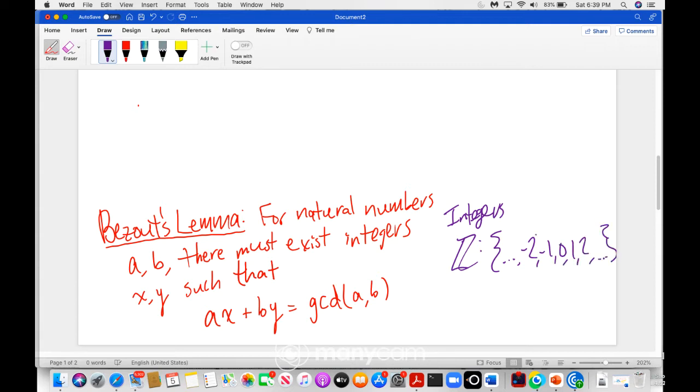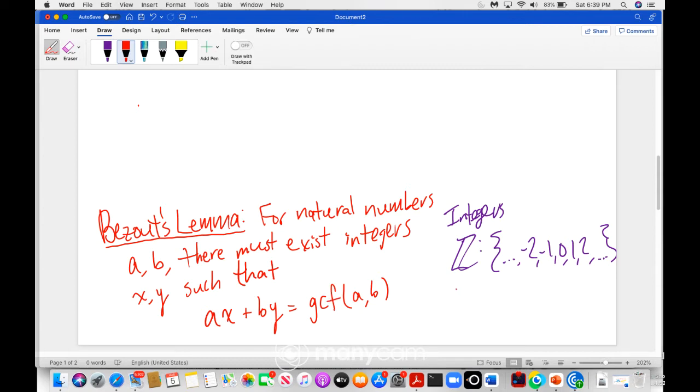So it includes more possibilities, but there must exist integers x and y such that this combination of xa's and yb's, when combined, gets you the greatest common factor of a and b.